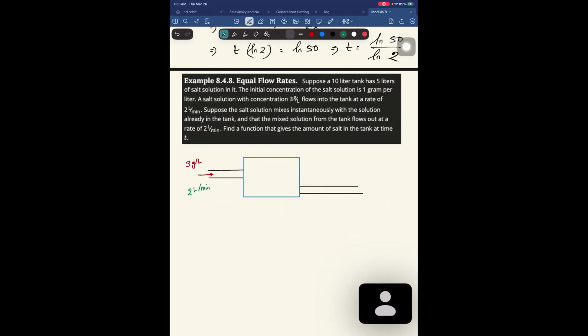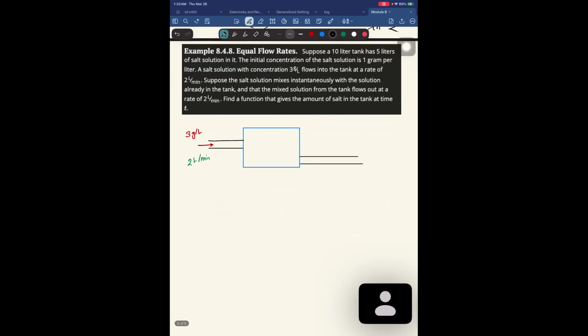That means in 1 minute, 2 liter mixture is going into the tank, right? So in 1 minute, 2 liter mixture enters the tank.